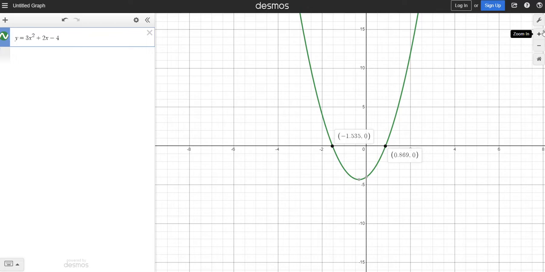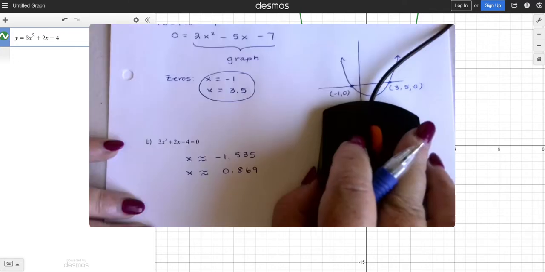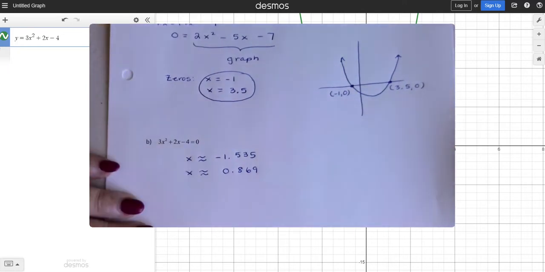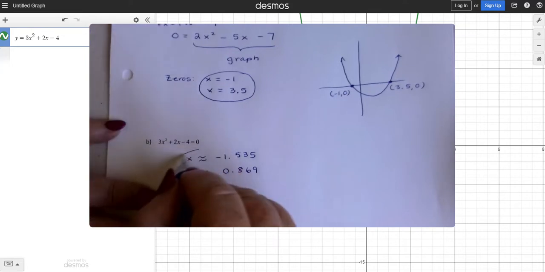So in this case, I'm going to have to say that my zeros are x is approximately -1.535 and x is approximately 0.869. And you'll notice I used the little wavy equal sign to indicate that I understood that those were rounded off decimals and not exact values.